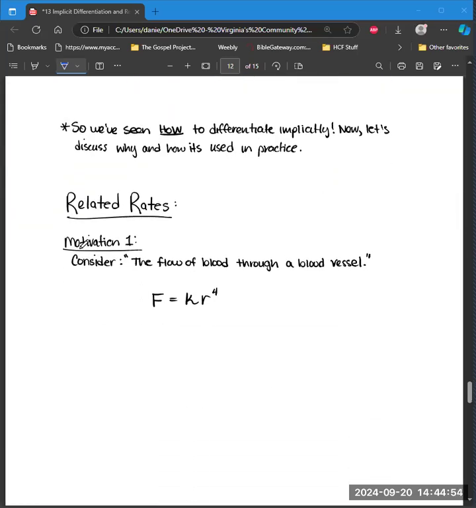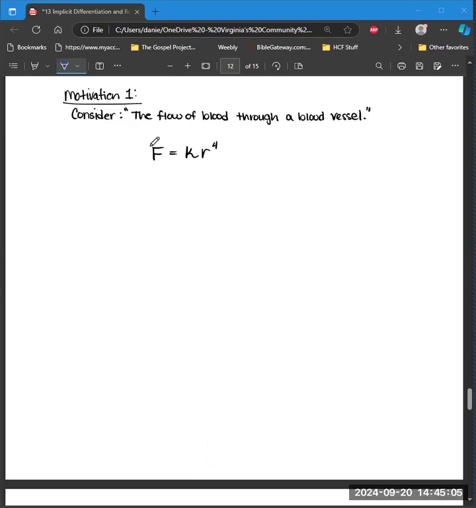So now let's go ahead and talk about why we care about this. We get things that are called related rates. So consider the flow of blood through a blood vessel. F is the blood flow, K is a constant, R is the radius of the vessel here.